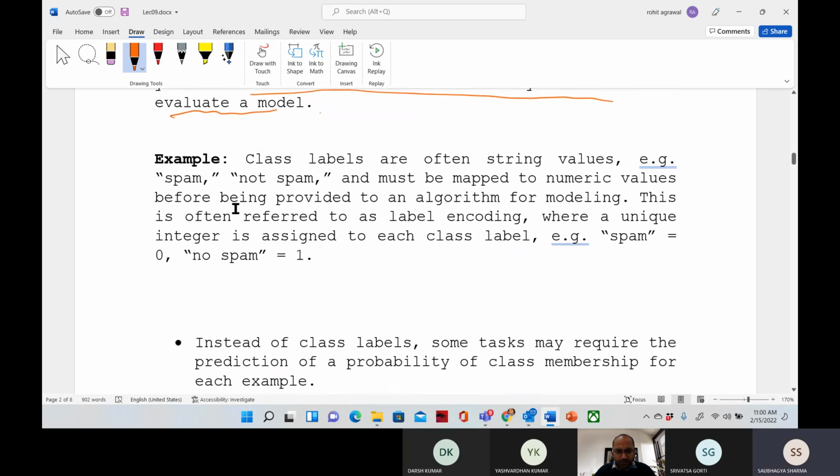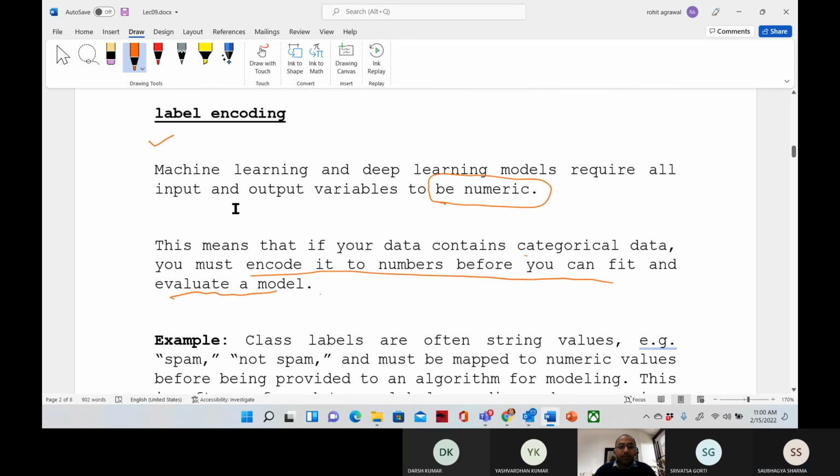See, in case of learning, we require our input and output variables to be numeric. For example, if we remember the house data, we were having the price, the square feet area, and the number of rooms. This data is numeric.